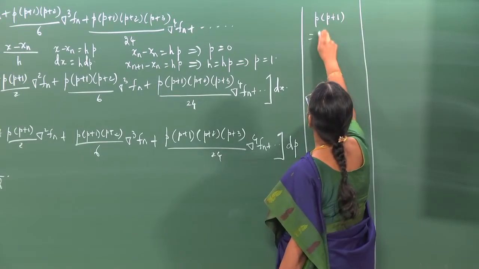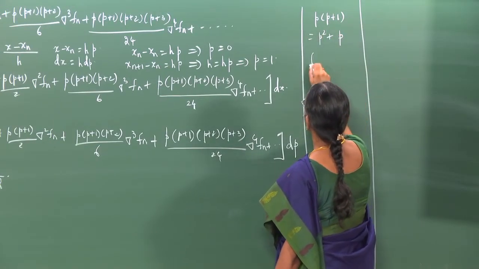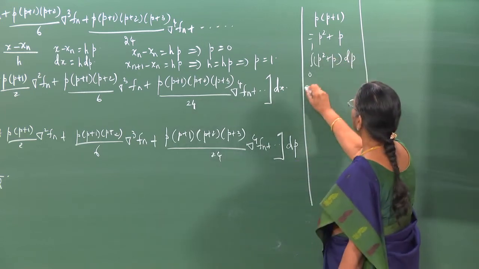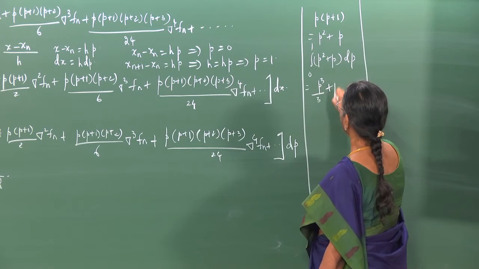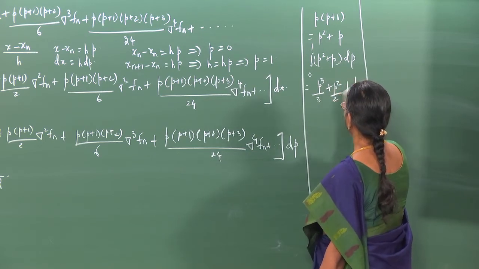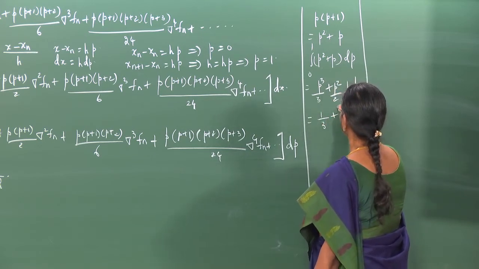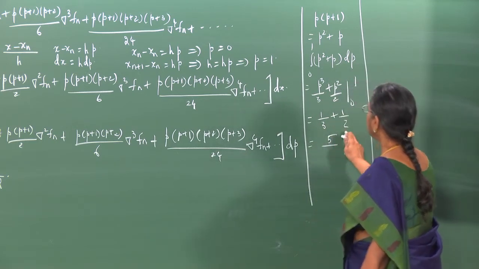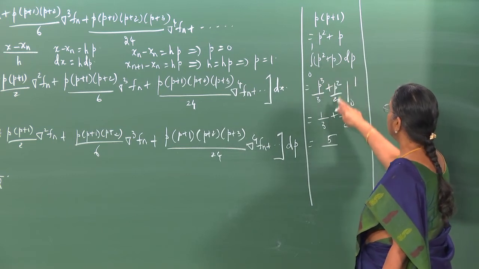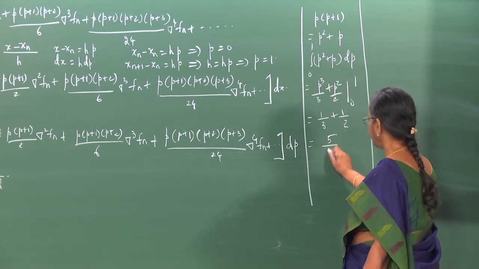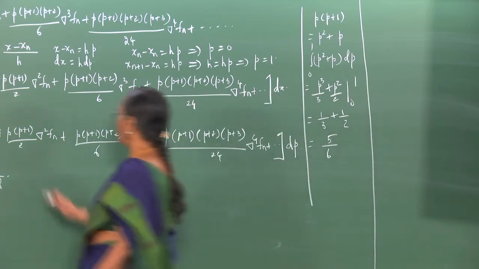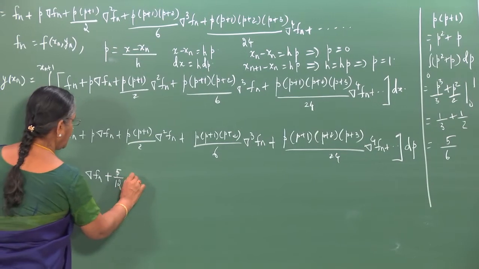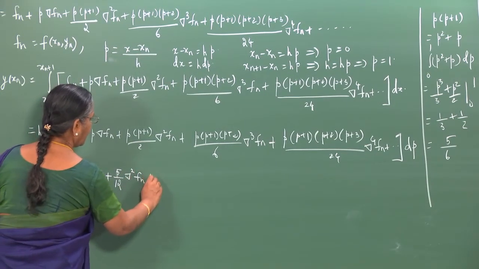So, that will give you p square plus p, and that has to be integrated with respect to p. So, that will give you p cube by 3 plus p square by 2 between 0 and 1. So, this will give you 5 divided by 6. So, this term will give you 5 by 12 into del square Fn.